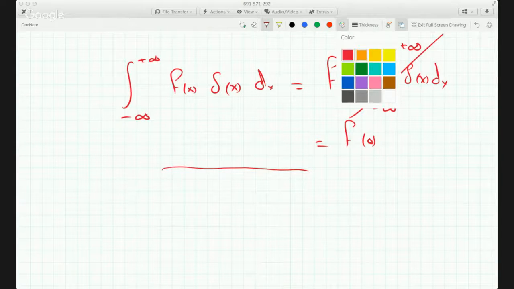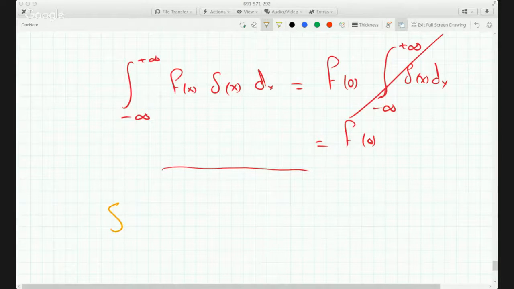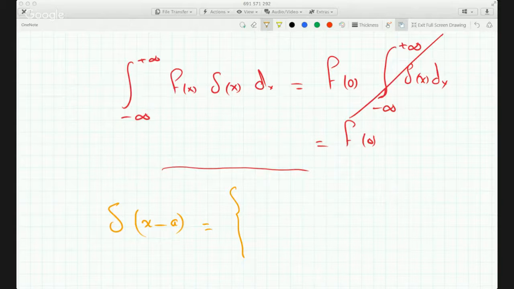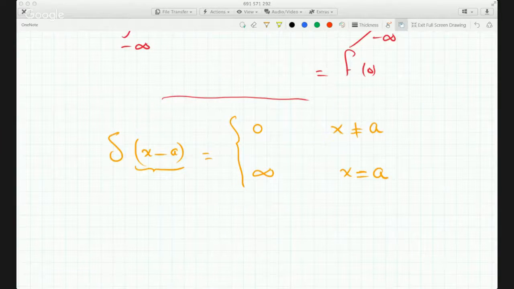In other words, I could say the Dirac delta function, and now instead of x, I will call this x equals a, and just like I made the first argument, this would equal 0 everywhere where x does not equal a, and it would equal infinity if x equals a. So it's just a way of shifting the Dirac delta function to the right by an amount a.